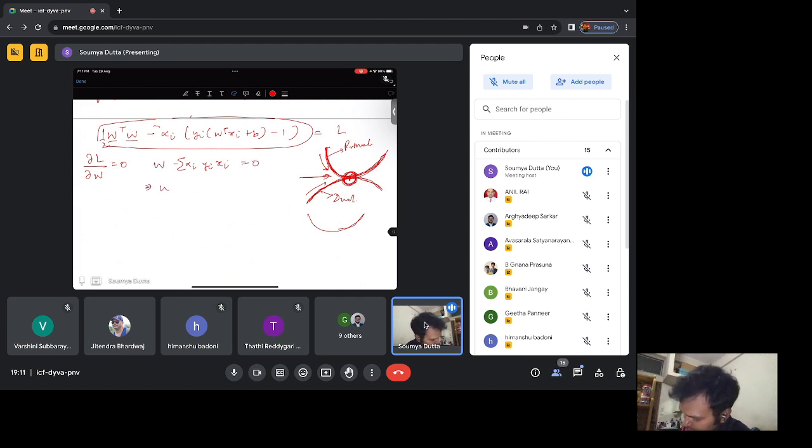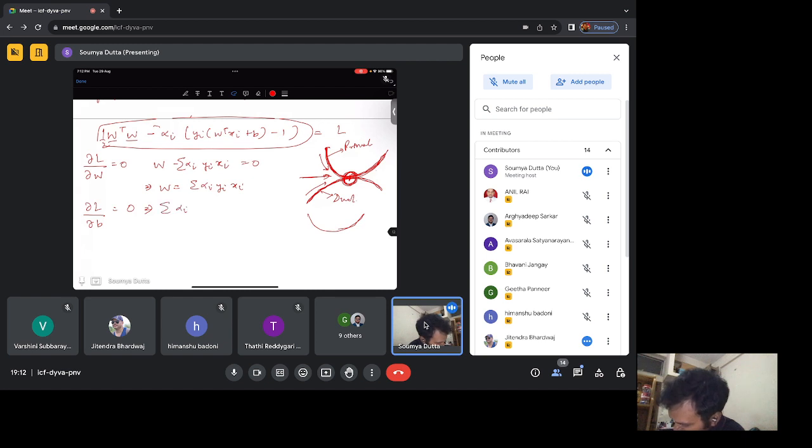So your W becomes summation of alpha i yi xi. Similarly, you take dou L by dou B equal to 0, and that way you will get, what will you get?